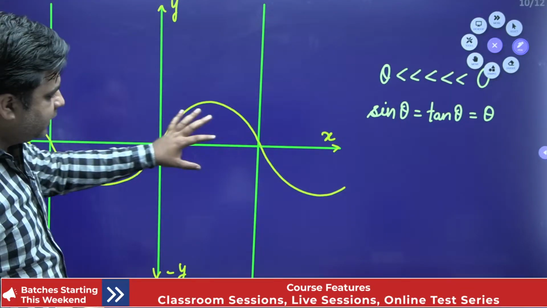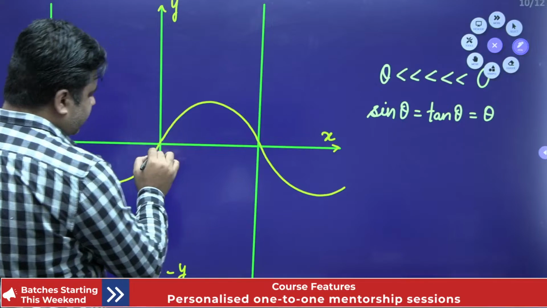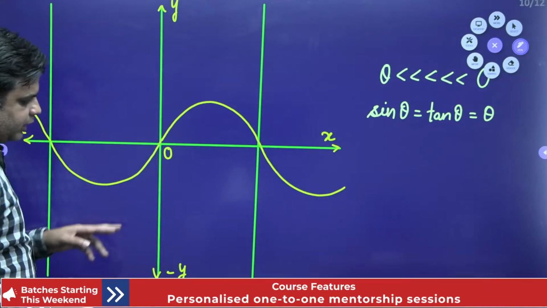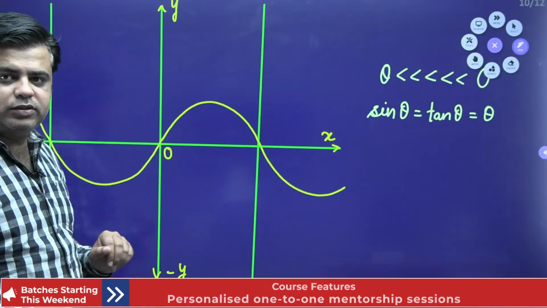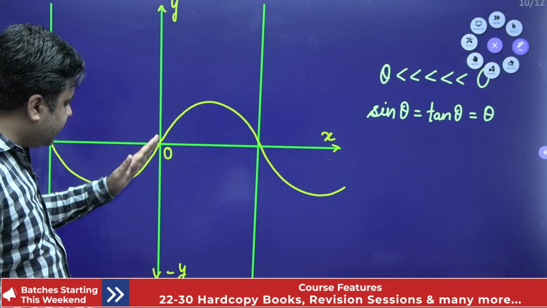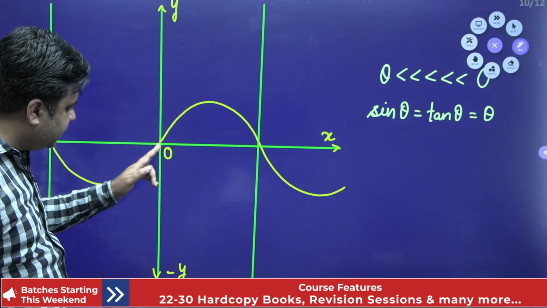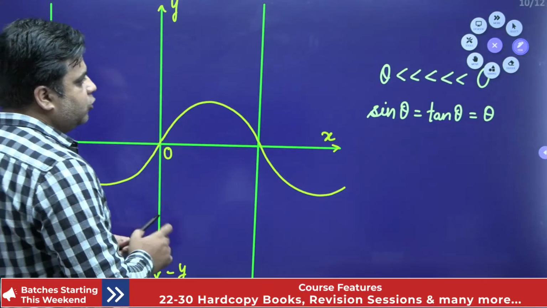So this is my sine theta, right? At x equals 0, the value of sine theta is also 0. And if you check the slope of the sine curve at theta equals 0, this slope is 1.